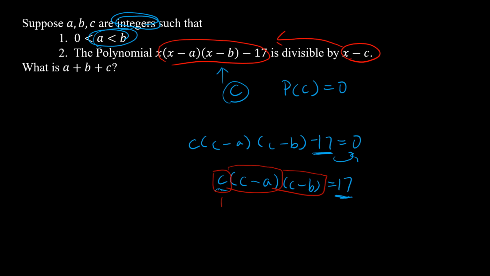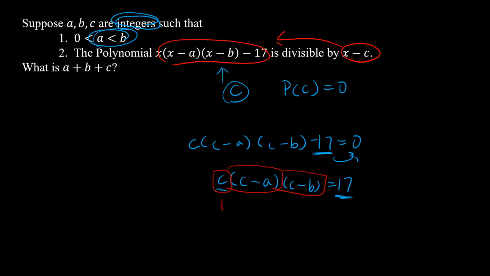It can't be, because if c is negative 1, while a and b are positive, then these 2 are both negative, and c is negative too. Therefore the whole thing is negative, but 17 is positive, so c couldn't be negative 1. So c had to be positive.